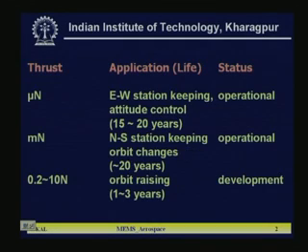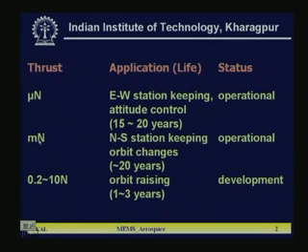Okay. Now, the application of the micronewton, millinewton and newton thrust in different cases. For east-west station keeping and attitude control, you need micronewton kind of thrust, and status is operational, it is used nowadays. 15 to 20 years it's working, it's live.